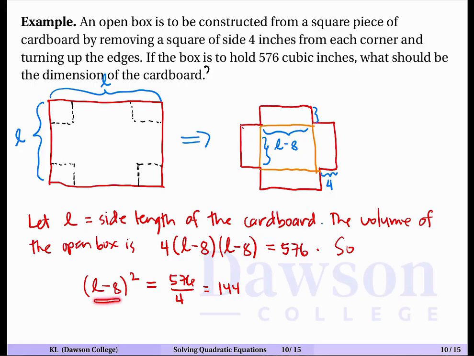Now, something being squared equals a number. This means that L minus 8 is plus or minus square root of 144. But square root of 144 is just 12. So L minus 8 is equal to plus or minus 12.